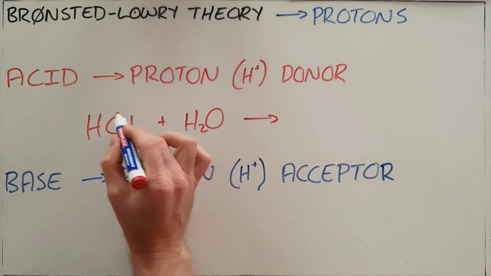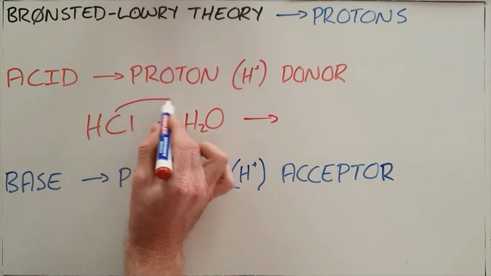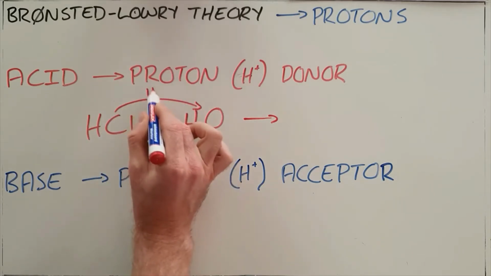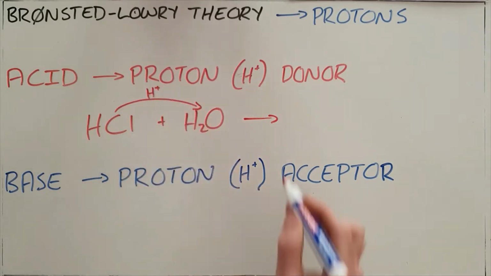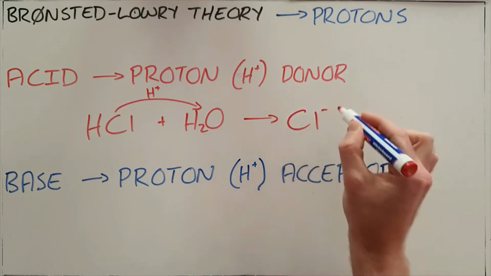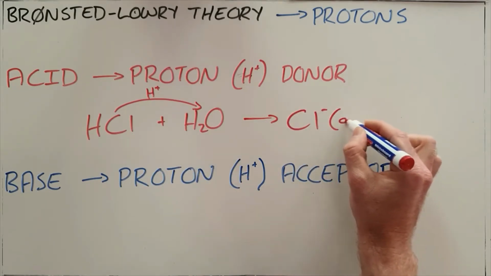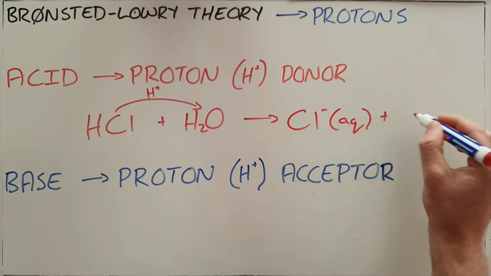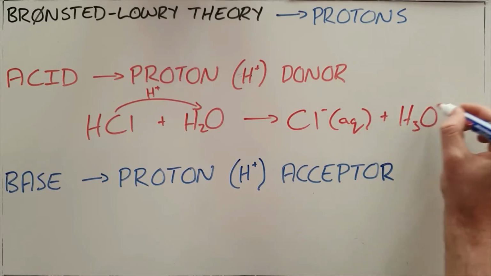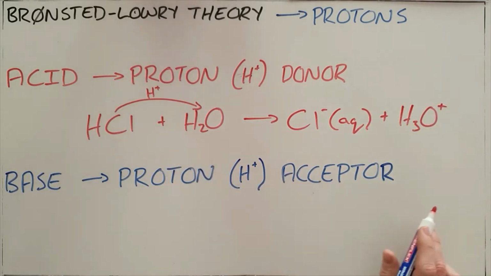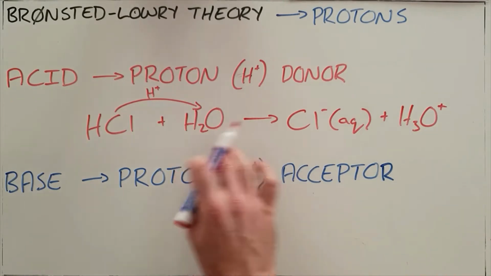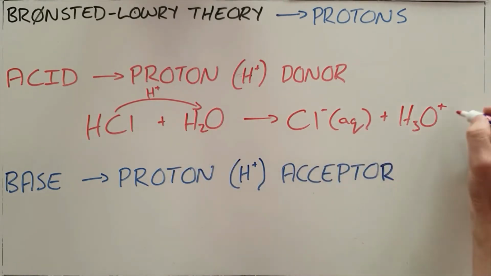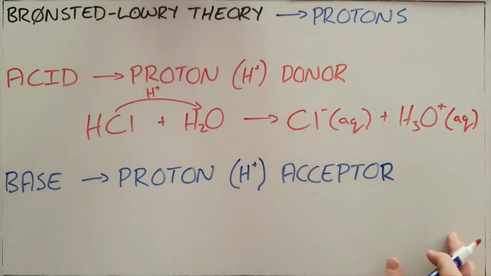What we show here is that the hydrochloric acid donates its proton to the water molecule, thus leaving a chloride ion, as well as creating a hydronium ion. So you can see here that the result of the Bronsted-Lowry theory is the same as in the Arrhenius theory, but the explanation for how that has happened is slightly different.